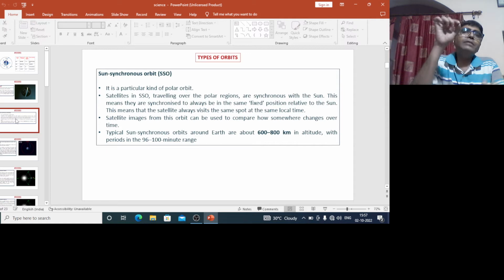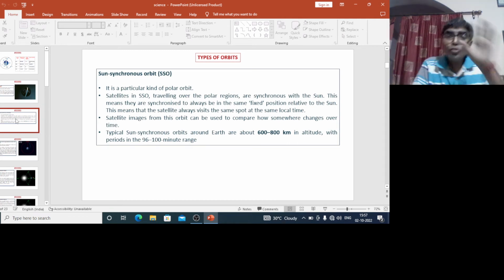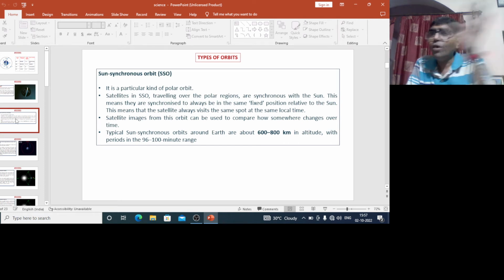So suppose it is placed over a place, say Paris, at 12 o'clock. Then every day at 12 o'clock, its position will be fixed over that point. Now suppose I am putting that satellite up for a span of 1 month.